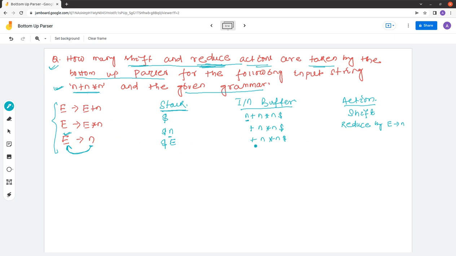So now I'll shift. The stack is $E. Now I'll shift the first element of the input buffer, which is plus, so the stack is $E plus and the input buffer is n star n dollar.